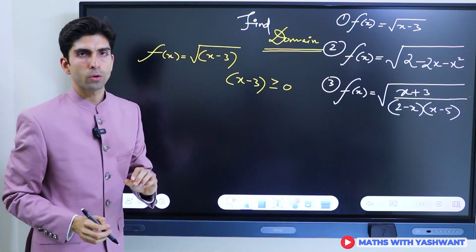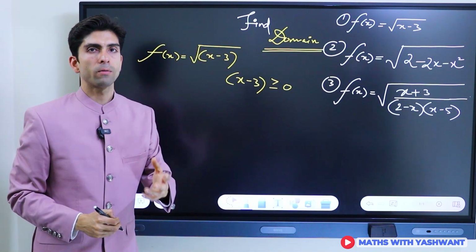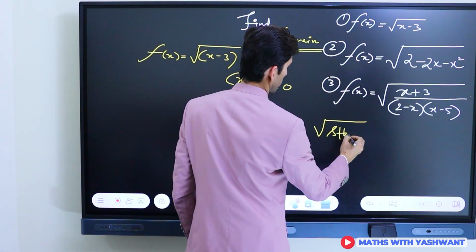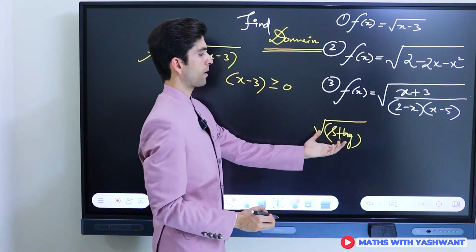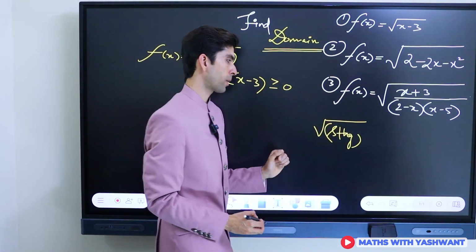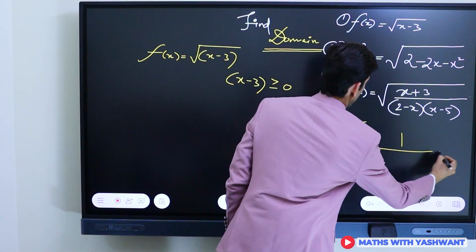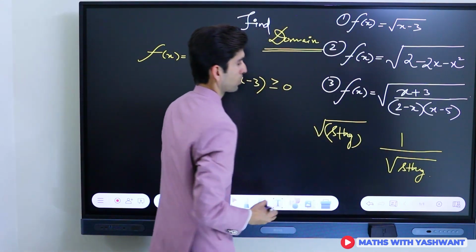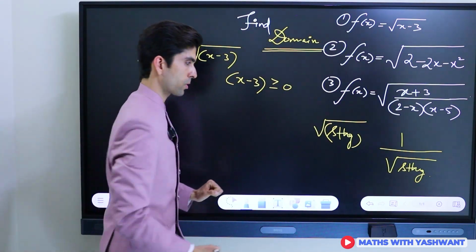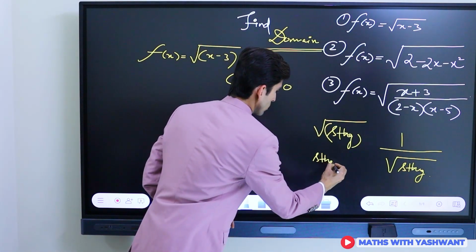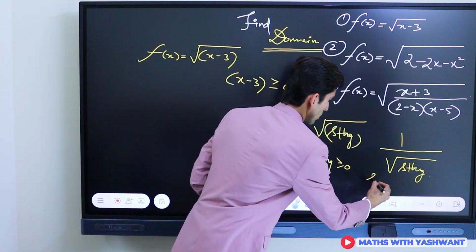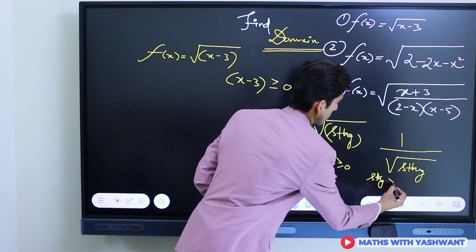I discussed in my previous sessions that whenever you have some expression written inside the square root sign, to define it we have to make sure that the something is greater than or equal to 0, and if the structure is in the denominator, the constraint is something greater than 0.